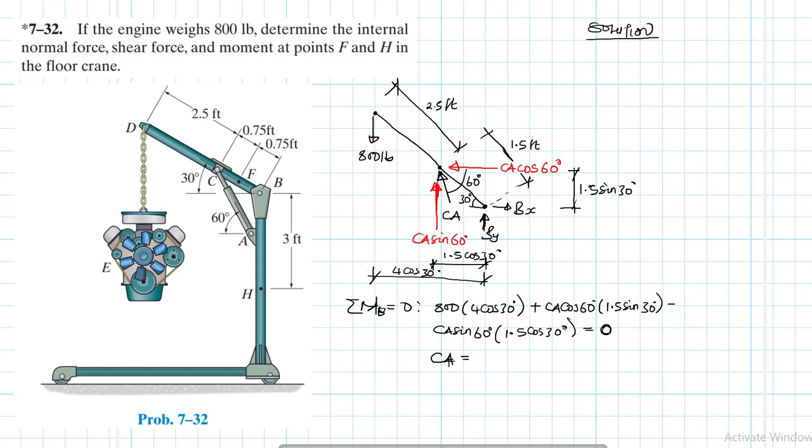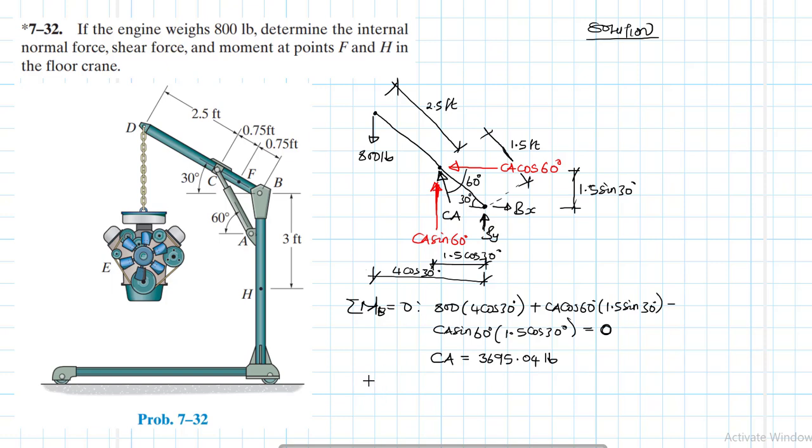Okay, and then we have 800 by 4 cos 30 divided by the answer. So we have 3695.04 pounds. Alright, so we have this.